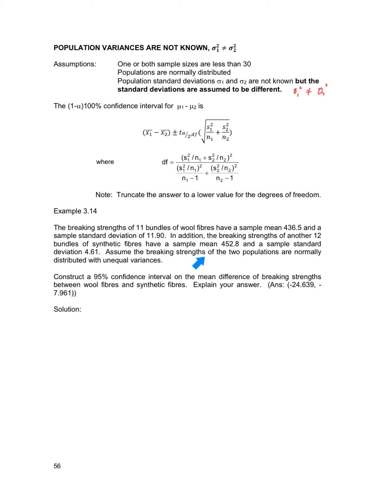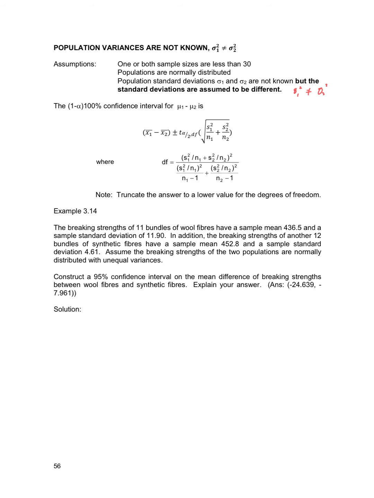Assume the breaking strength of the two populations are normally distributed with unequal variance. You need to construct a 95% confidence interval on the mean difference of breaking strength between wool fiber and synthetic fiber. Explain your answer.